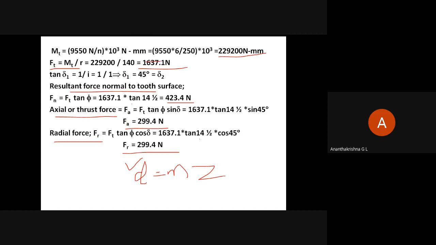For 14.5-degree pressure angle, the minimum number of teeth that we should take is how much? Please check table 12.1. Just take out your data handbook and let me know the minimum number of teeth for a 14.5-degree pressure angle.